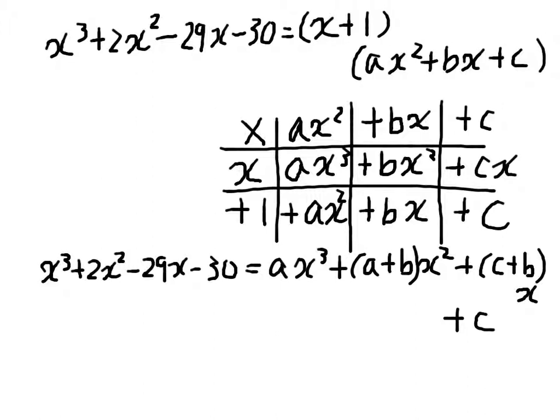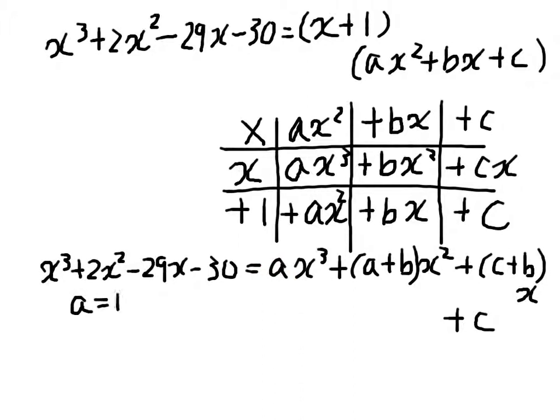Okay, so I can say the number in front of x cubed term is 1, and that's got to equal the number in front of x cubed term over here. So 1 must be a. So I'm going to write that down.